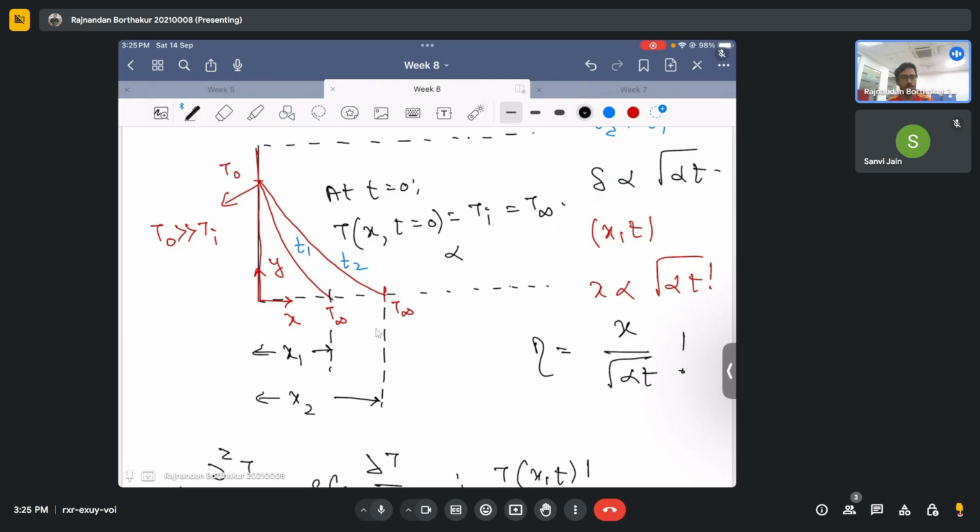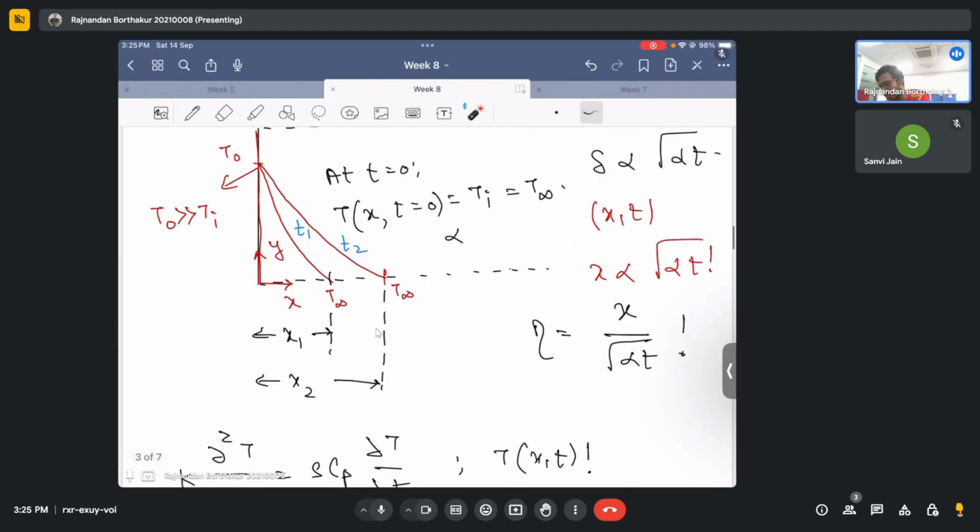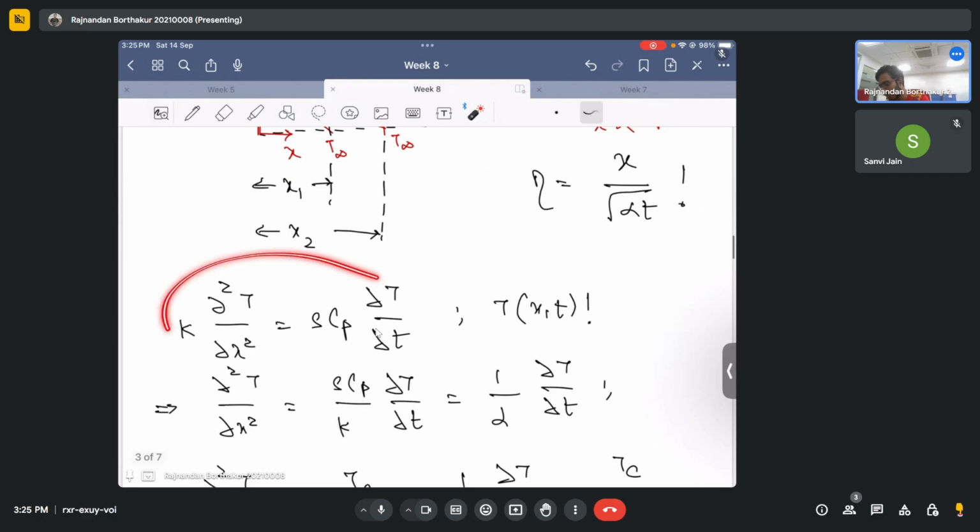We use this similarity variable solely because if you can establish a link between how the independent variables are indirectly related, you can define a similarity variable, and then use it to solve the governing equation.